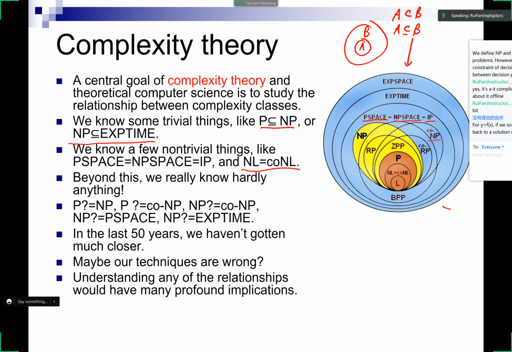It could be we're using the wrong methods or something. But if we can figure out any of these relationships, this would have very important implications for both computer science and many other branches of science and mathematics. This is why complexity theory is a very important but also very difficult field of study.